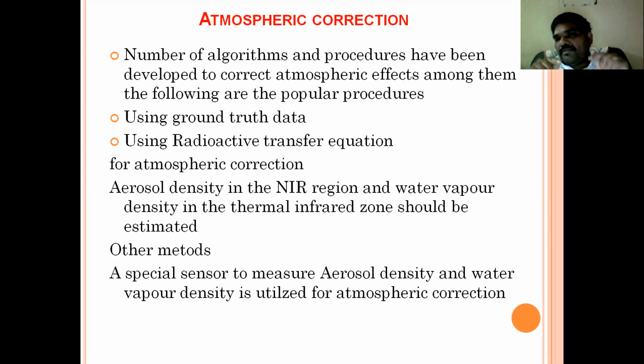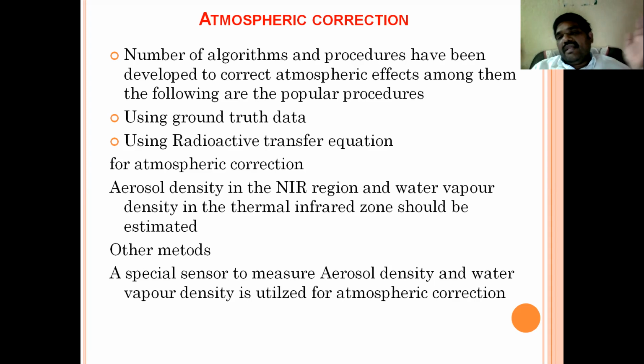What I'm saying is that the image is recorded in the electromagnetic spectrum. NIR means near infrared. As you know, the spectrum has been divided into different spectral bands with respect to wavelength. We have seen the UV band, X-rays, gamma rays, near infrared zones, and so on.